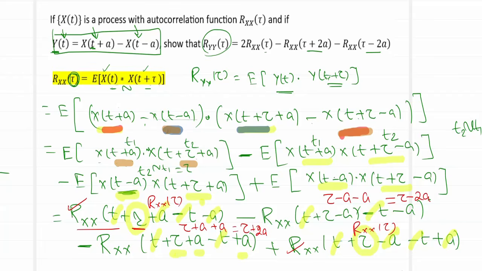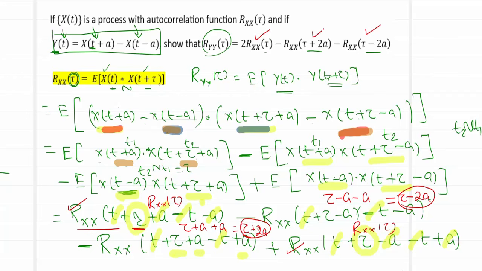So you will have 2 times Rxx of tau. The next term is minus Rxx of tau minus 2a, which is present over here. The next term is minus Rxx of tau plus 2a, which is present over here.